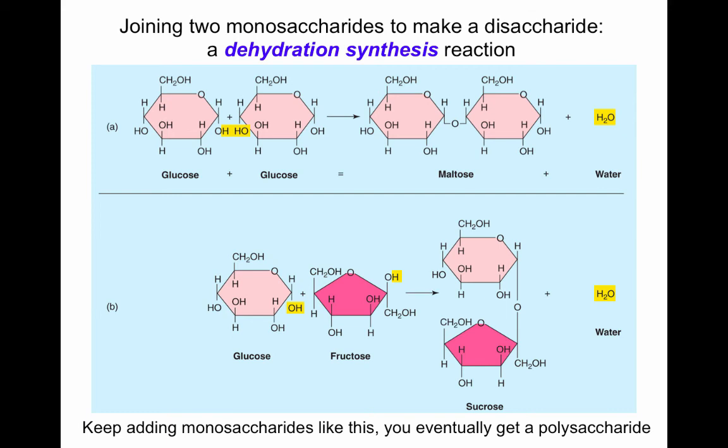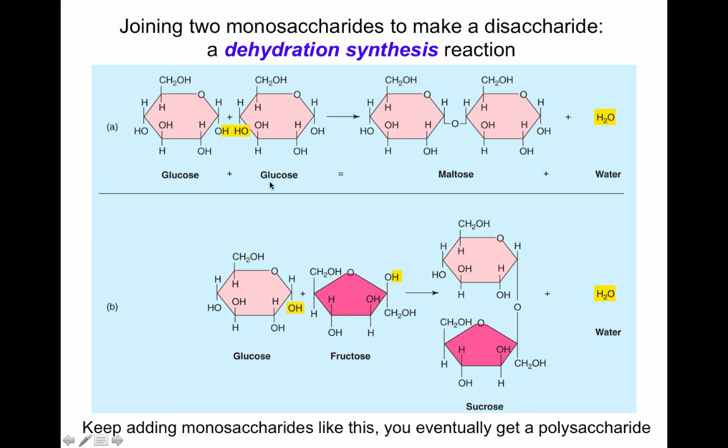So if we want to put more than 1 sugar together in the cell, we do what is called a dehydration synthesis reaction, and it is called dehydration synthesis because a water molecule is removed from the collective 2 sugars that bond together, and where those 2 hydrogen and 1 oxygen atom depart, that's where the new chemical bond is formed between the 2 adjacent sugars to make a disaccharide.